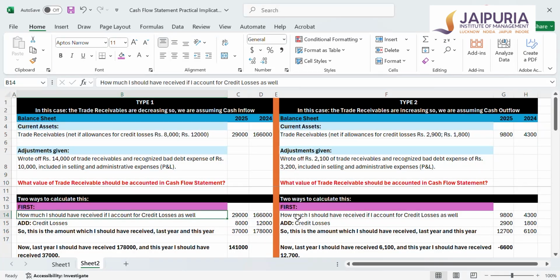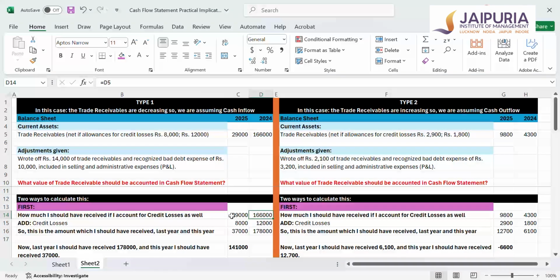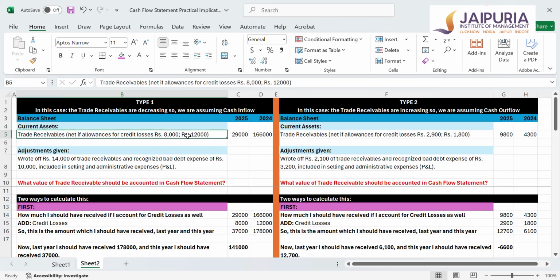Let's go with the first case. Last year, I should have received 1,66,000, and this year I should have received 29,000. Now these two values are net values which came after deducting the 8,000 and 12,000 of credit losses.